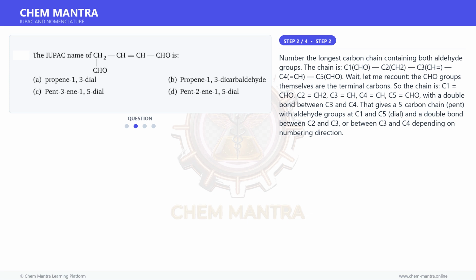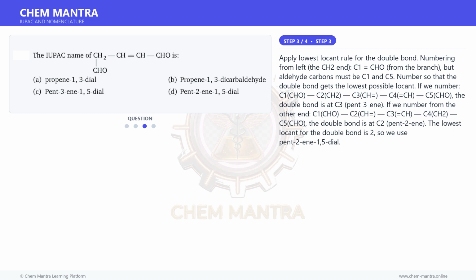So the chain is C1 CHO, C2 CH2, C3 CH, C4 CH, C5 CHO, with a double bond between C3 and C4. That gives a 5-carbon chain, pent, with aldehyde groups at C1 and C5, diol, and a double bond between C2 and C3 or between C3 and C4 depending on numbering direction.